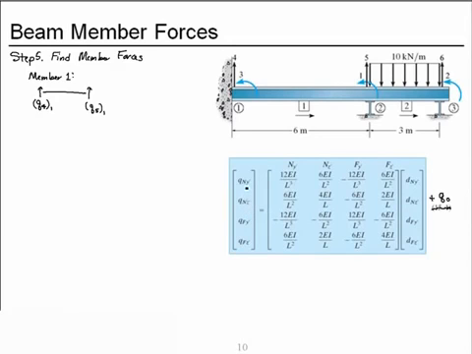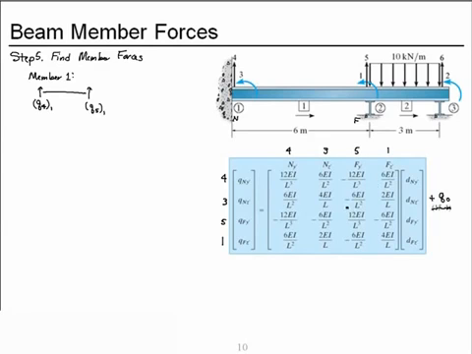Now, for member 1, the degrees of freedom associated with the member forces are 4, 3, because this is the near node, and this is the far node, 5, and 1, and therefore it has the deformations are also 4, 3, 5, and 1.